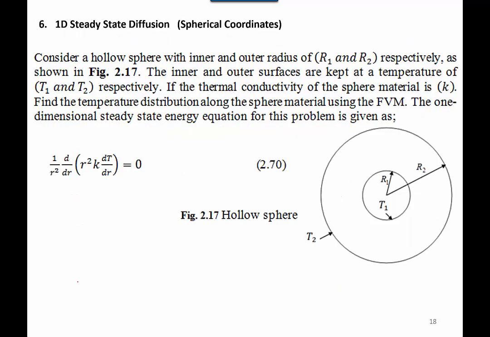The last thing we study in this chapter is the spherical coordinate system for the one-dimensional steady-state diffusion problem. Here we have a hollow sphere with an inside radius of big R1 and outside radius of big R2, and with a boundary condition of constant temperature T1 at the inner surface and constant temperature T2 at the outer surface.